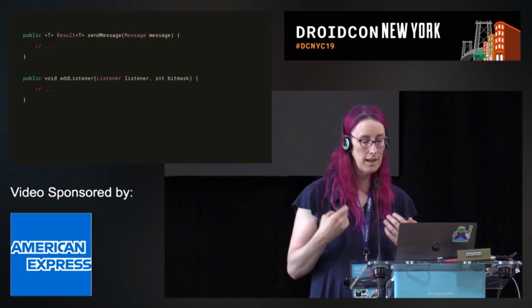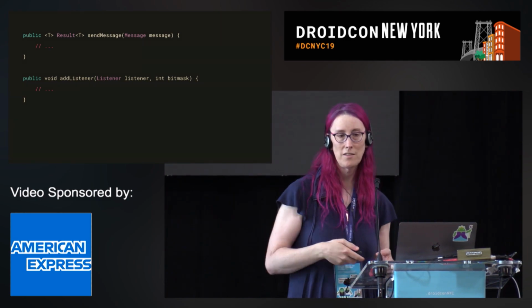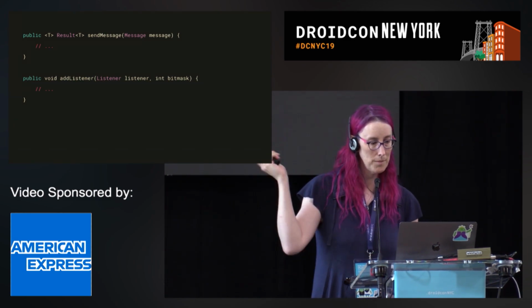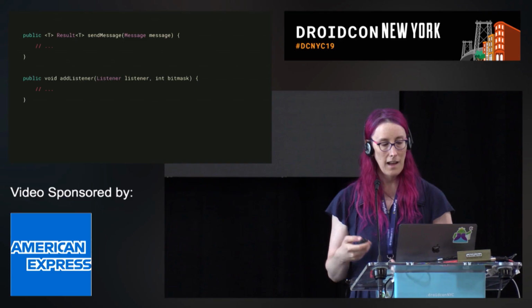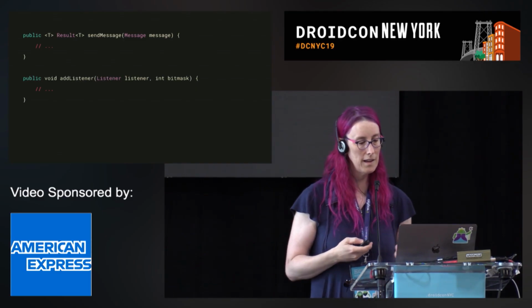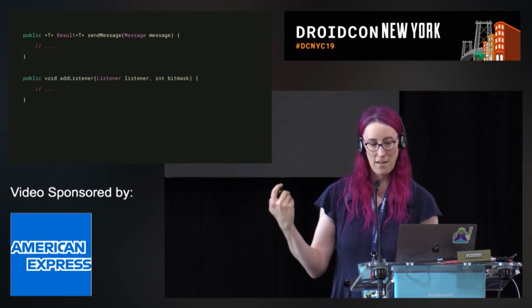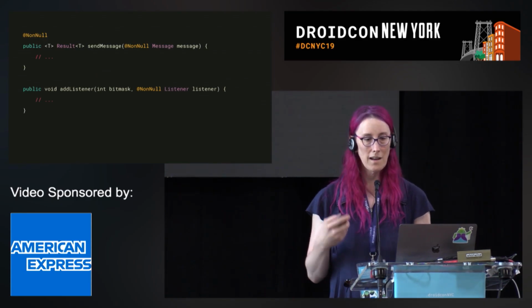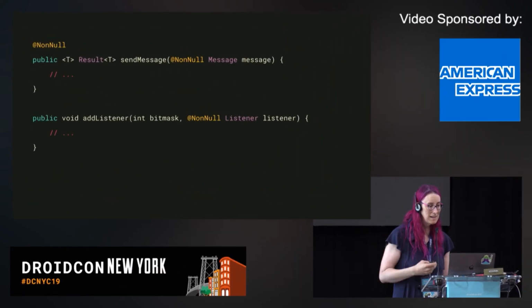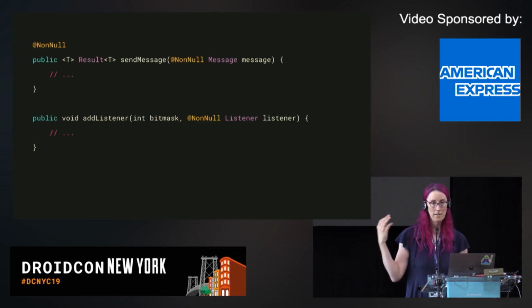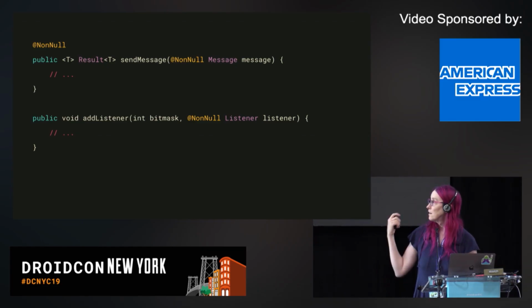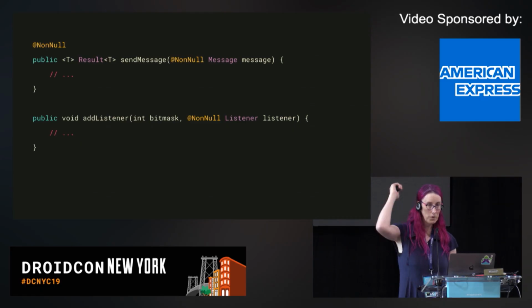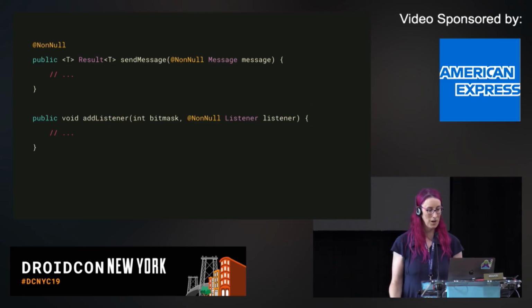We gave little bits of advice, like with send message or add listener. This is great for Java, but if you're writing Kotlin, it would be even better if we had nullability annotations on these things, and if our single abstract methods were the last parameter.